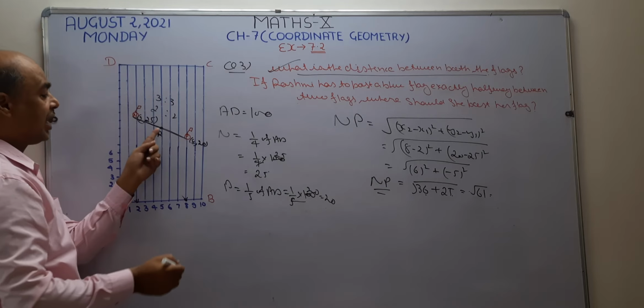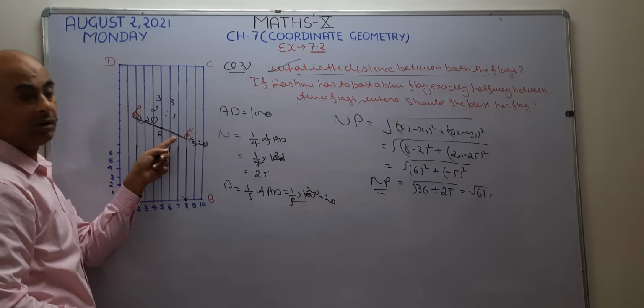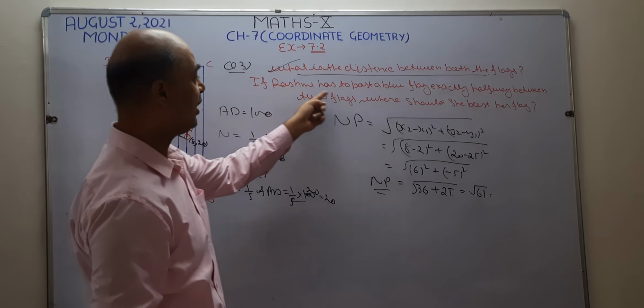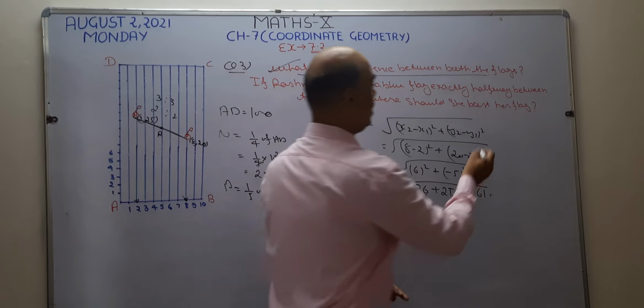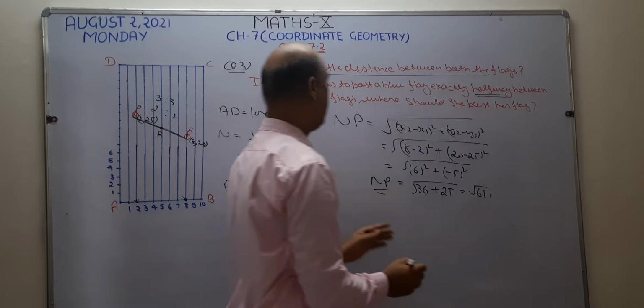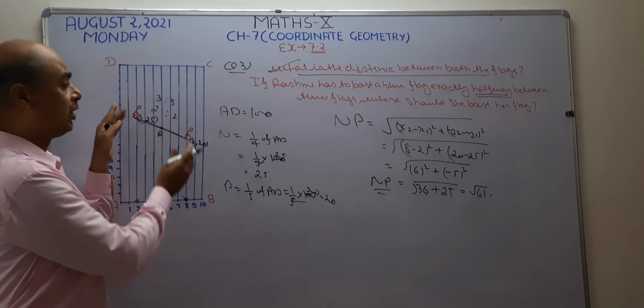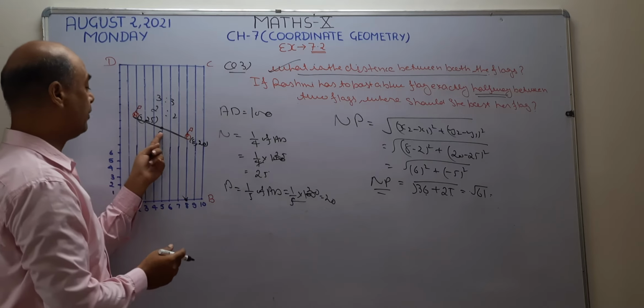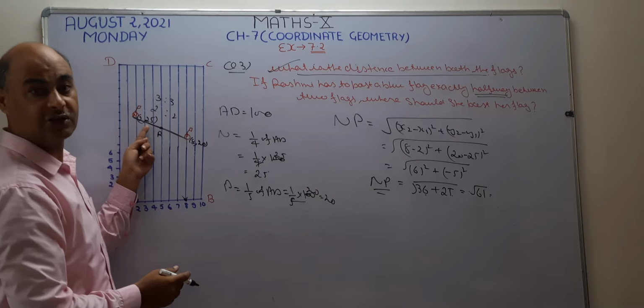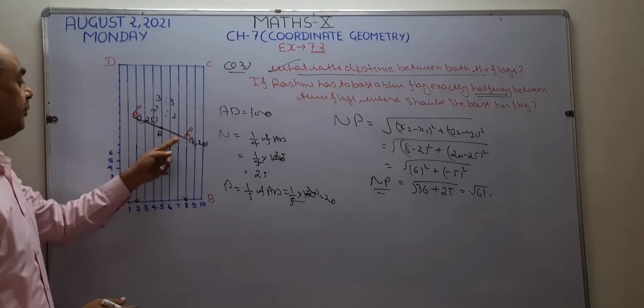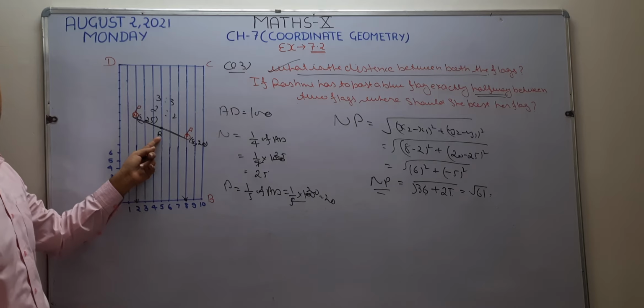It means R becomes the midpoint of NP. Rashmi is going to post her flag in the mid of both the flags. So this point becomes the midpoint of NP. Is it clear? So I am going to use the midpoint formula to find the coordinates of R.